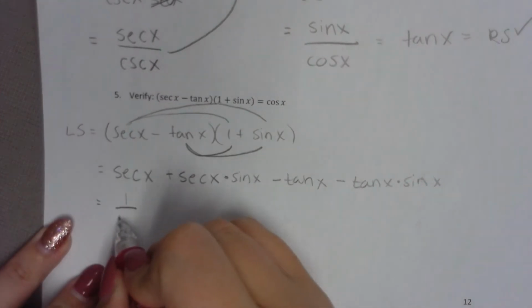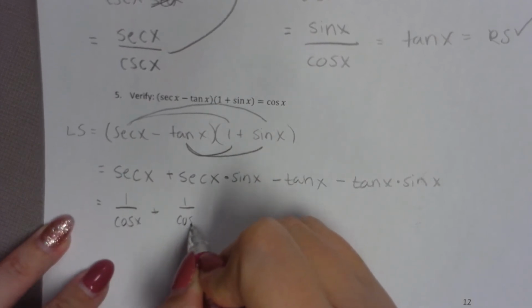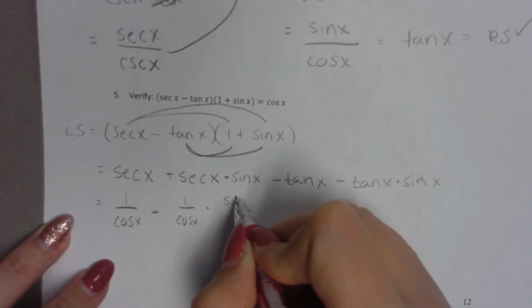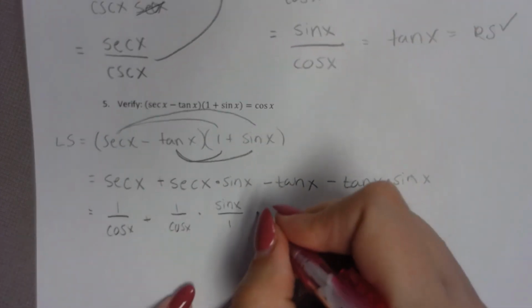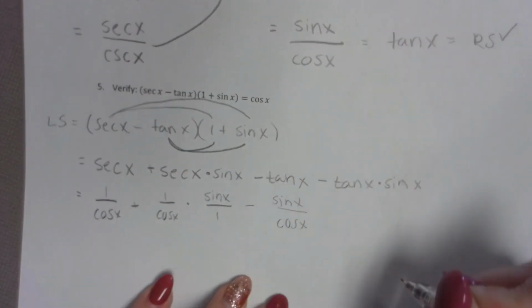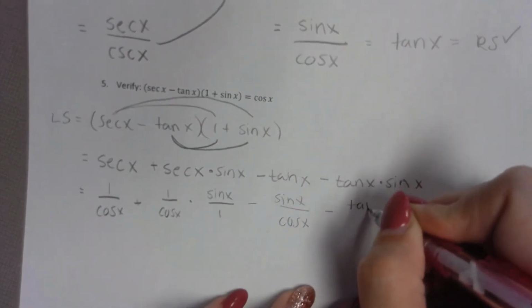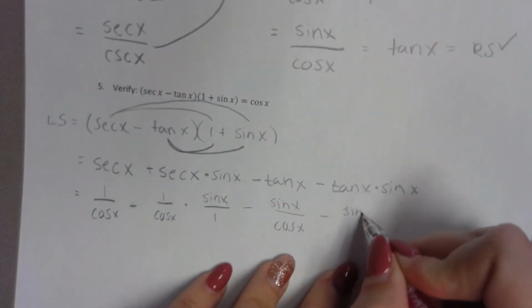So secant is 1 over cosine. Sine stays the same, so I'm just going to put that over 1 to help us. Tangent is sine over cosine.